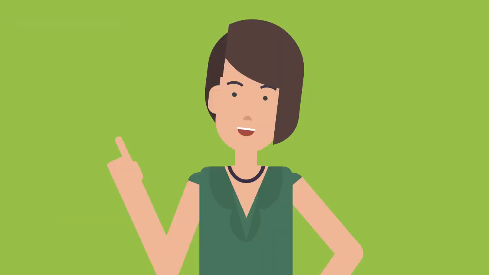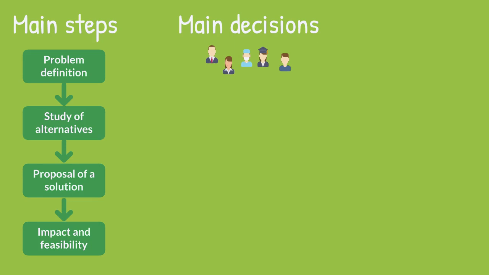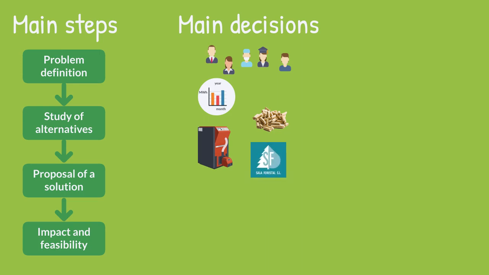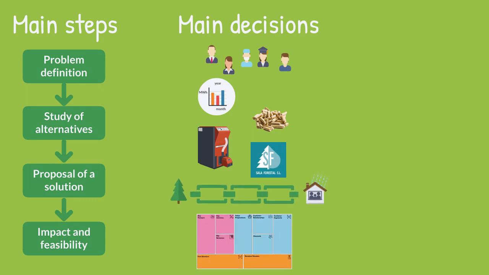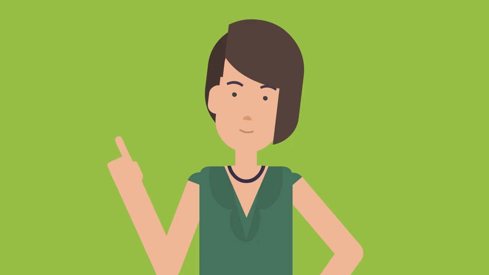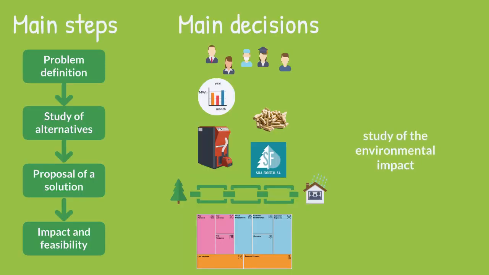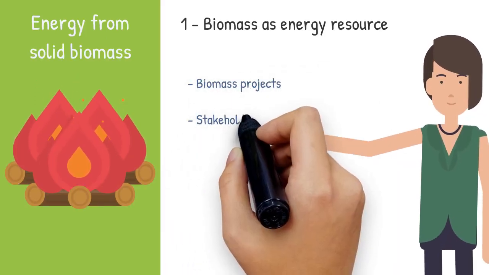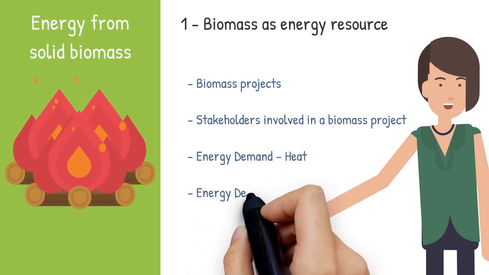Main decisions to be taken are: the system customers, the type and amount of energy to be provided, the type of biomass to be used, the type and size of the conversion technologies, the suppliers of biomass and equipment, the supply chain, the business model, which are complemented with the study of the environmental impact, the analysis of stakeholders, and the study of the project impact. For more details about each project part, please watch the videos about the related topics.